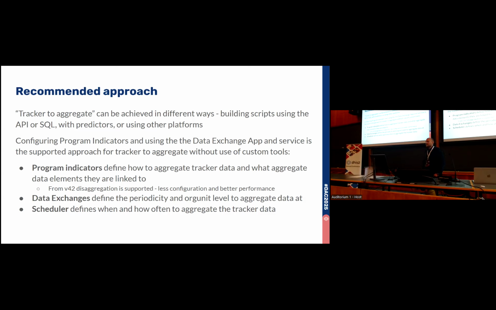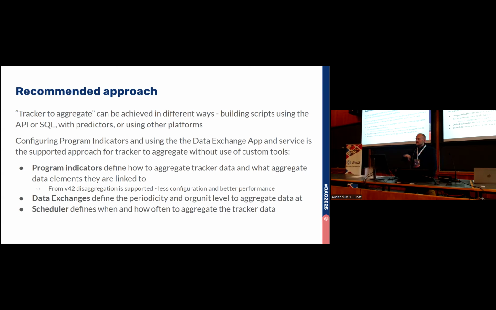But what is now the official, recommended, and built-in way to do this in DHIS2 is through the use of program indicators and the data exchange app, which lets you set up all the tracker-to-aggregate configuration within DHIS2 itself without having to rely on any outside tools. The program indicators define how you do the counting of the individuals in the tracker program, including with the disaggregations from version 42.